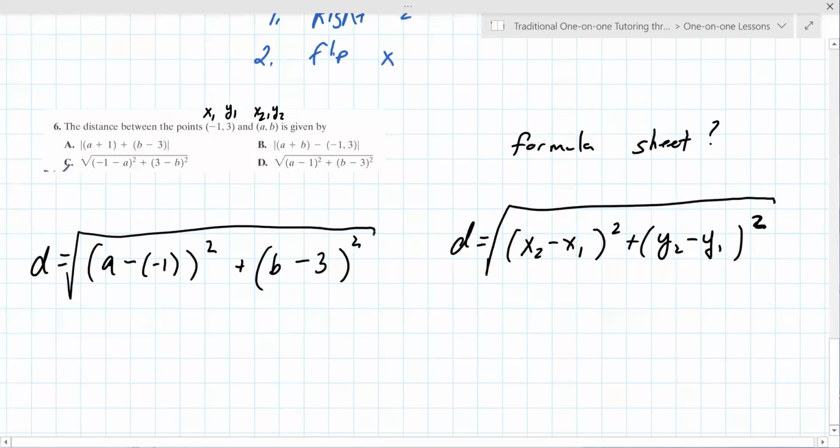And you might say, well, Matthew, that's not there. And you're right. You can also flip these so that A and B is x1 and y1, and then that's x2 and y2. When you do it that way, it matters, because now it's negative 1 minus A squared plus 3 minus B squared, square rooted.